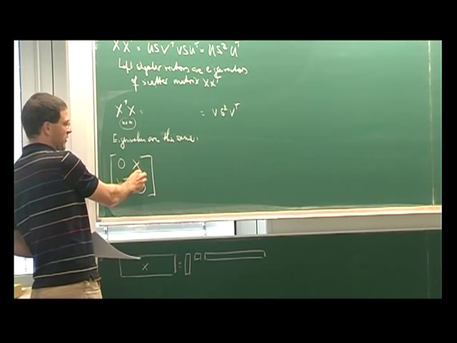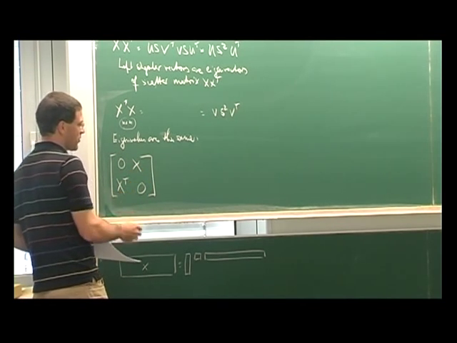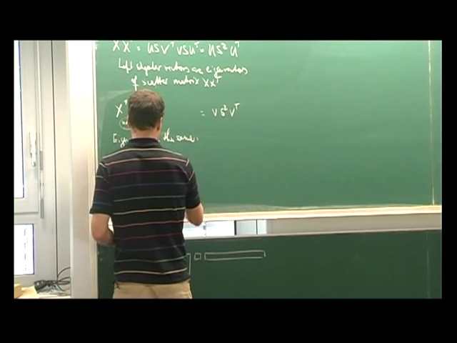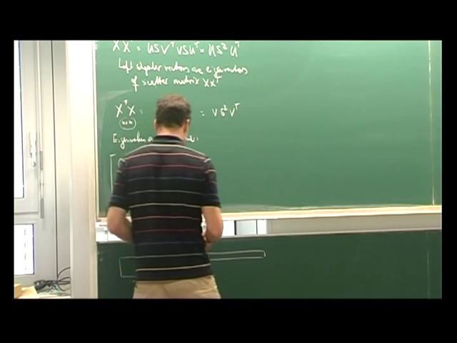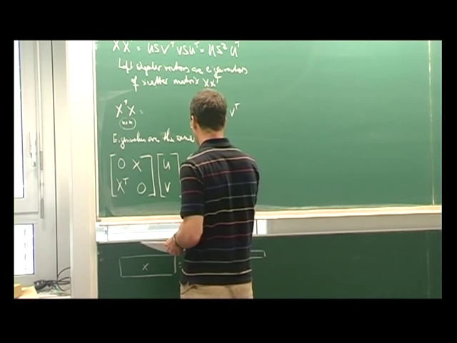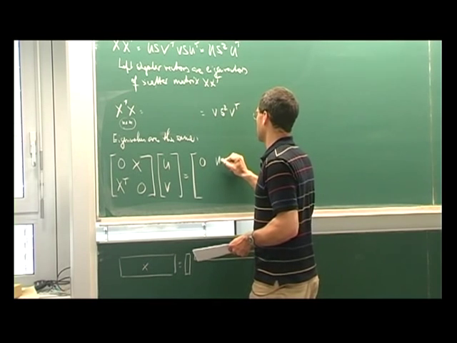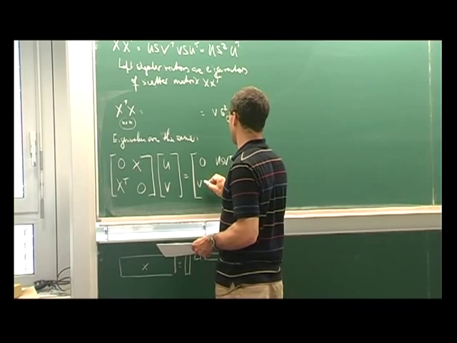So X is the full matrix of observations, and X transpose is this full matrix transposed. Those are zero matrices. We can write both in terms of their singular value decomposition.